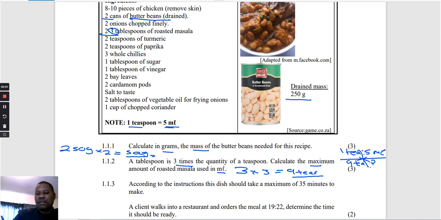So after cross multiplying there, we're going to have 9 multiplied by 5. So 9 multiplied by 5 gives us 45. It means that the maximum amount of the roasted masala needed there is 45 milliliters. Okay, then let's continue to the next one.